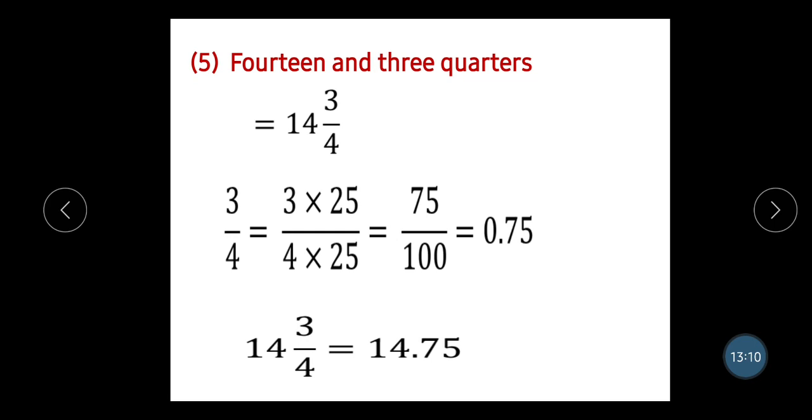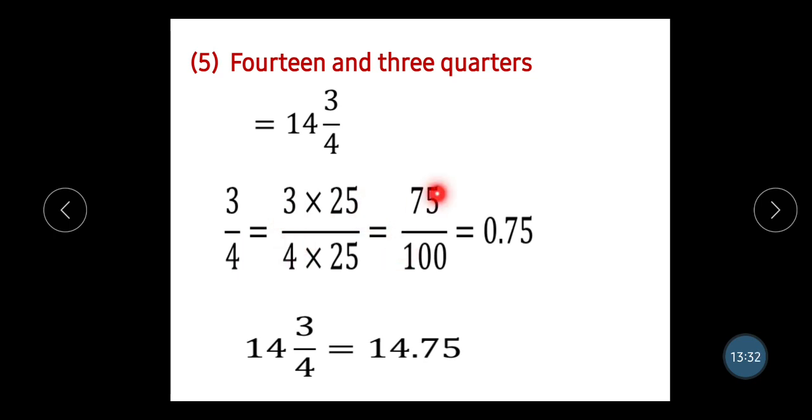Fifth one, 14.75. 14 we will copy as it is. 3/4 is written as 3/4. In mixed fraction it is read as 14, 3/4. Now we got 4 over here, so obviously we will multiply the numerator and denominator by 25. So we get 3/4 is equal to 3 into 25 upon 4 into 25.